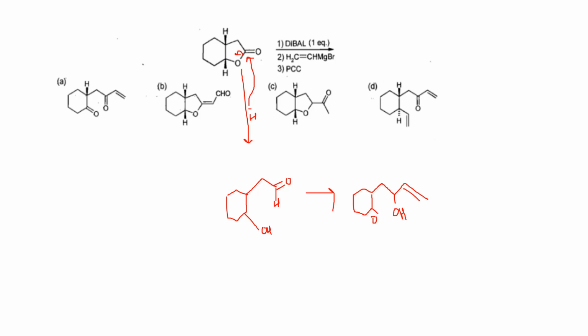Now they have added PCC. So what will happen? You can see there is no selectively oxidized product. There is no product where only this ketone gets oxidized. From that you can get an idea that in this case both the alcohols will be oxidized. The other 3 are not matching, so both will be oxidized.